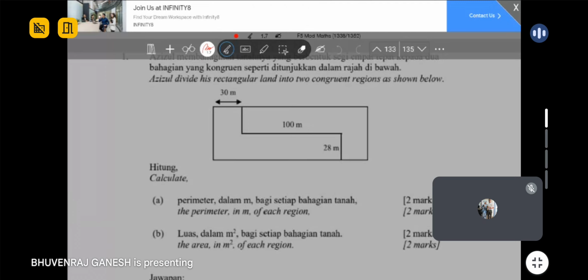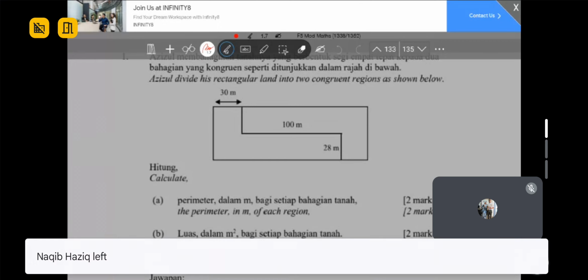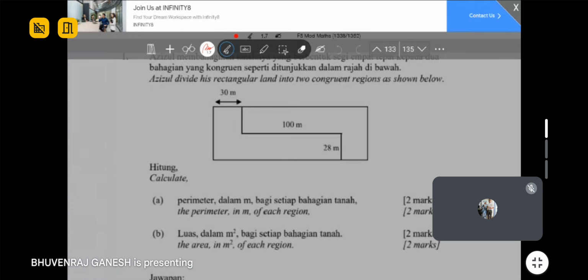Cuba kira pelan-pelan. So anyone? Perimeter? Do you get the answer? Don't be shy to share, you know. Wrong doesn't matter. Just try only. Then I will guide you all.